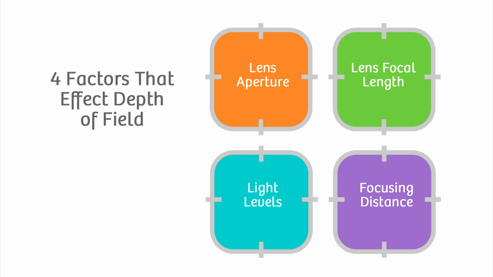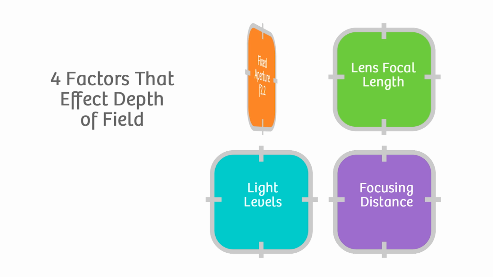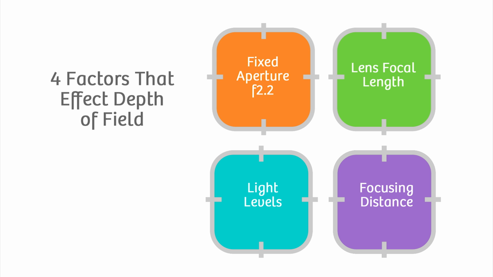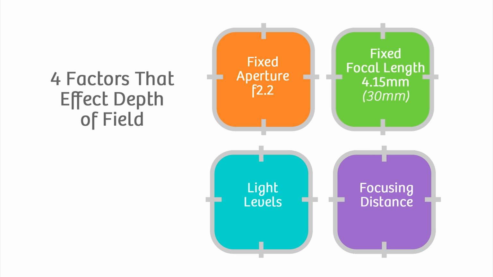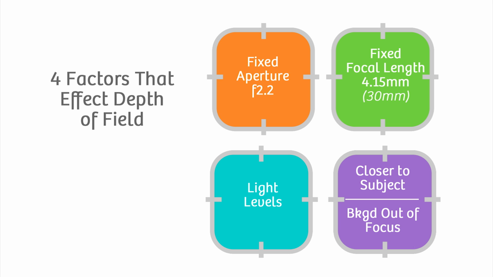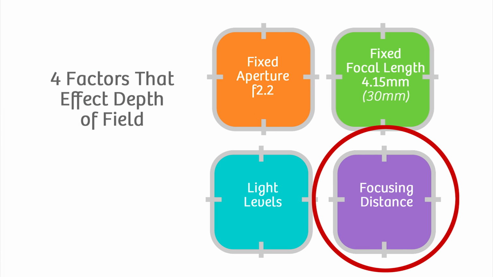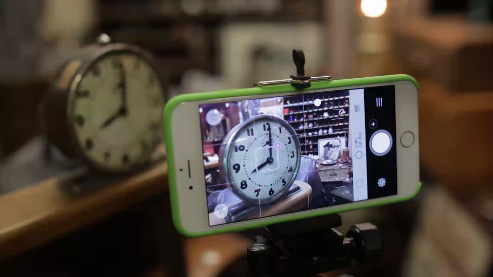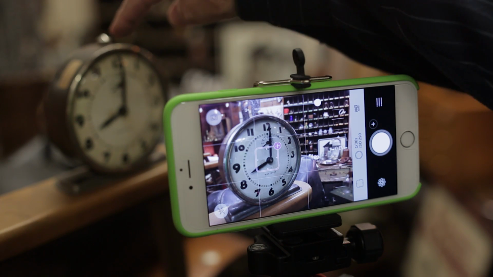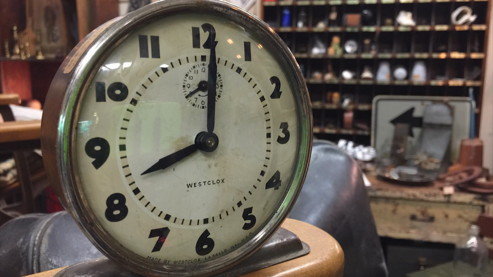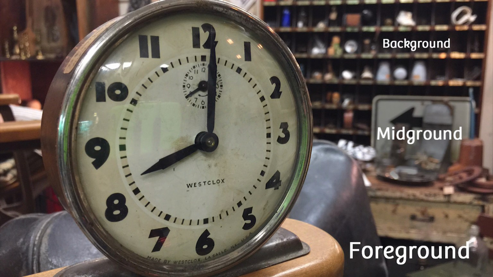In iPhone photography, since the aperture is a fixed f2.2, and the lens is fixed on the iPhone camera as well, the main factor in determining whether your background is going to be in focus or out of focus is the focusing distance. The focusing distance is the distance from the camera to the subject. And again, break down the subject into foreground, midground, and then background all the way to the back.